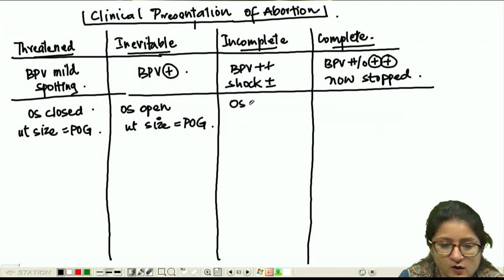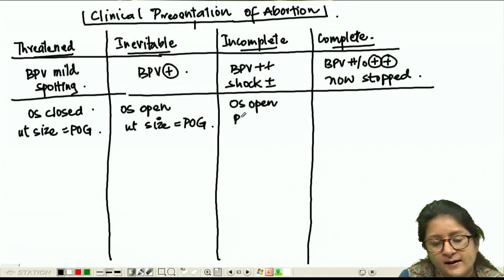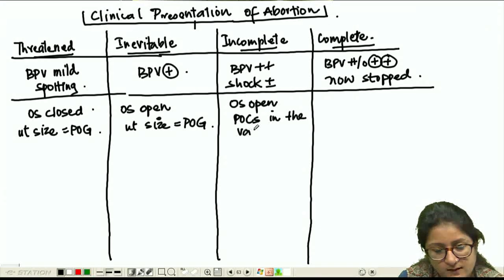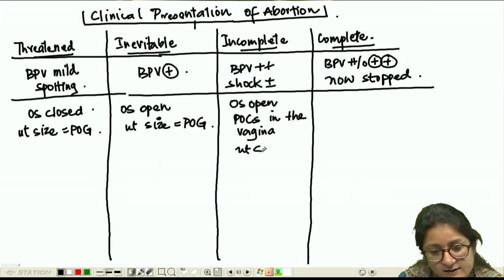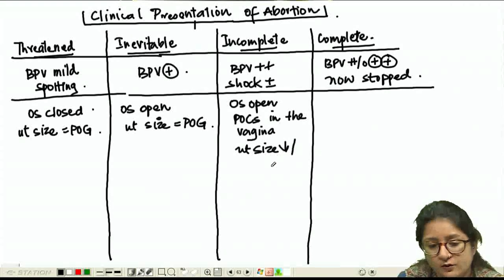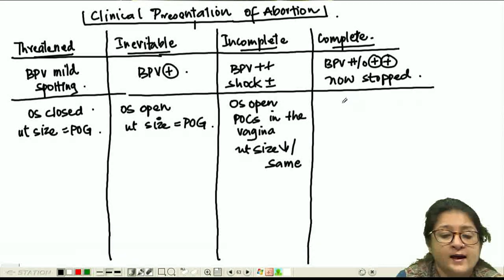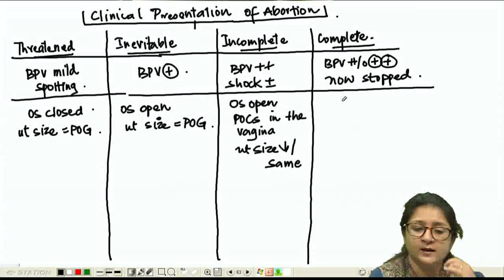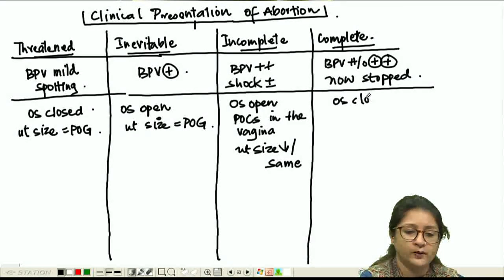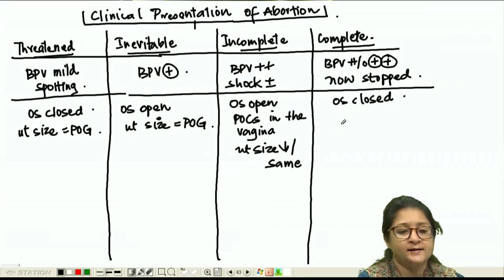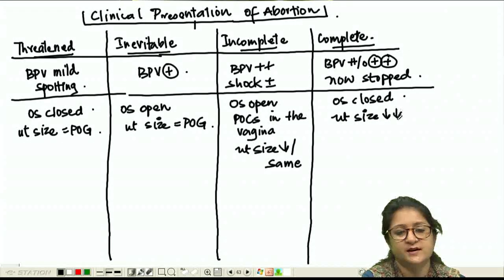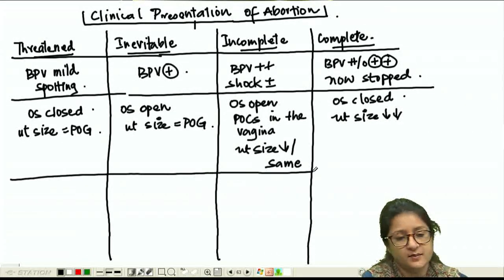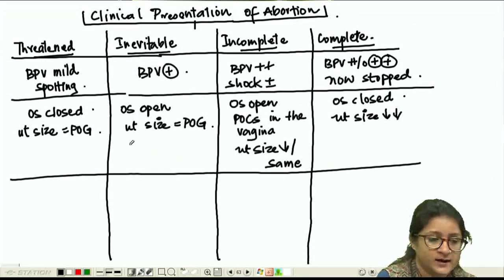In incomplete, the os is open, products of conception can be felt in the vagina, and the uterus size could be decreased or the same. When we talk about complete abortion, the os is closed and the uterus size is much decreased. So this is about the clinical presentation.